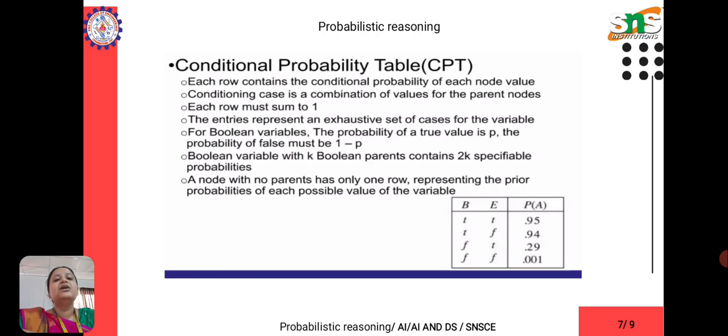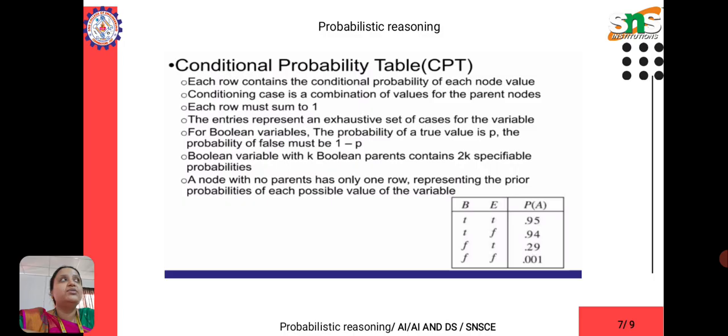Now, how will you calculate it? It is based on the conditional probability table. In this table, each row contains the conditional probability of each node for the values of its parent nodes, and each row must sum to 1. The entries represent the exhaustive set of causes for the variable.